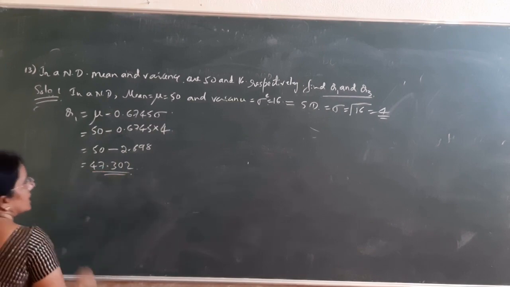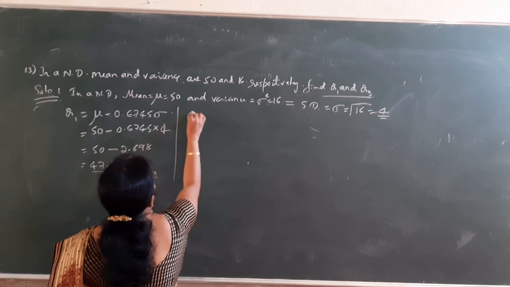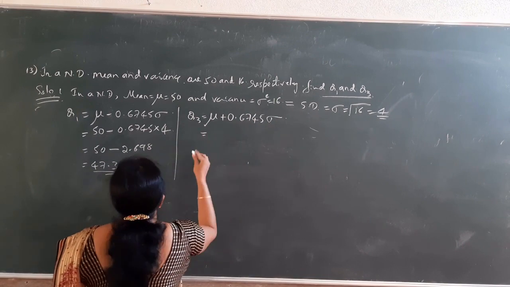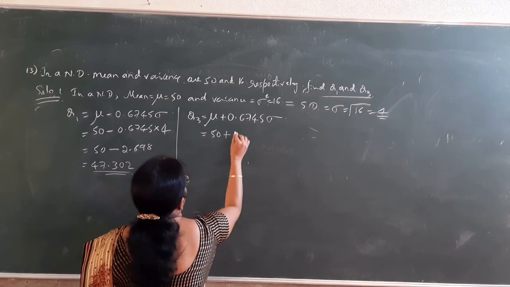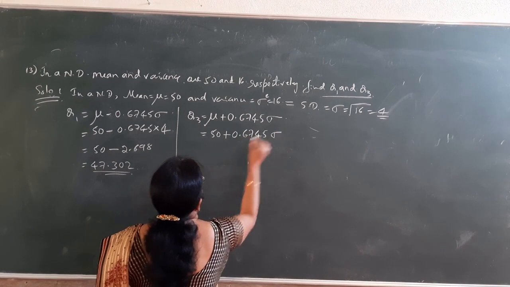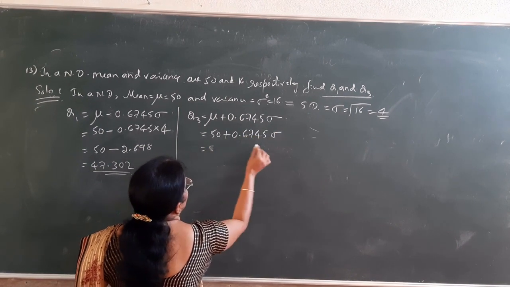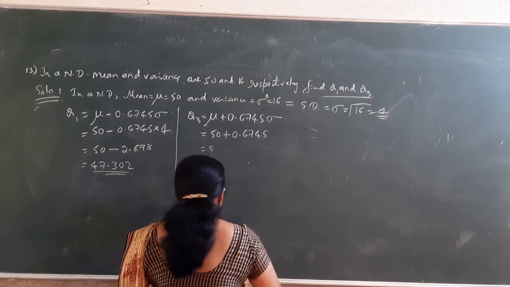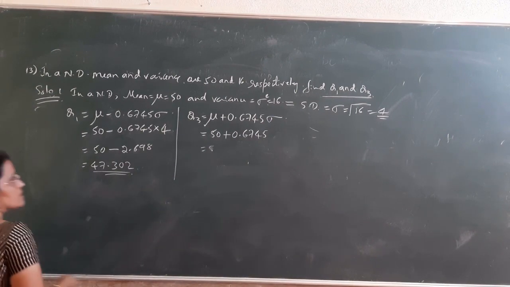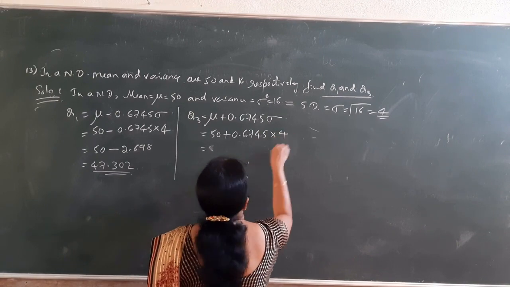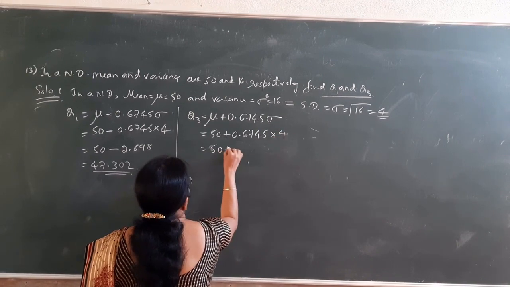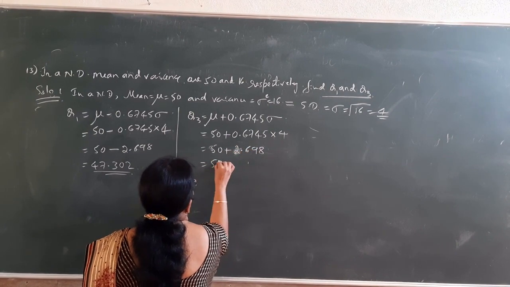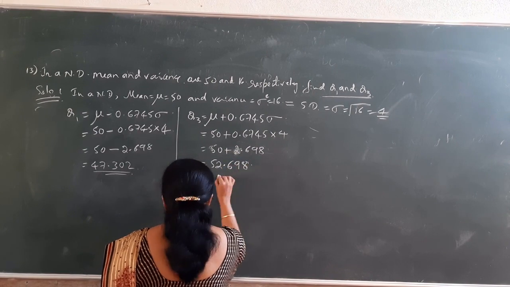Similarly, next is Q3, which is equal to mu plus 0.6745 sigma, which is equal to 50 plus 0.6745 into 4, which is equal to 50 plus 2.698, which is equal to 52.698.